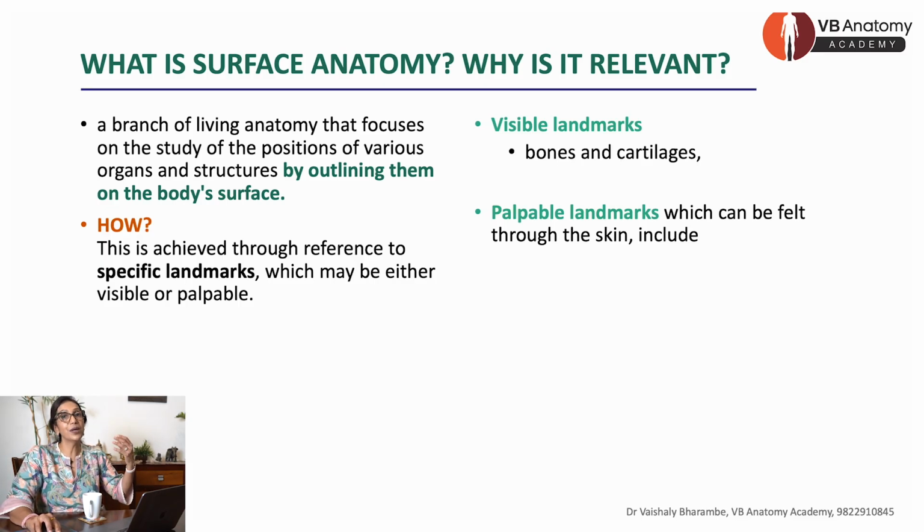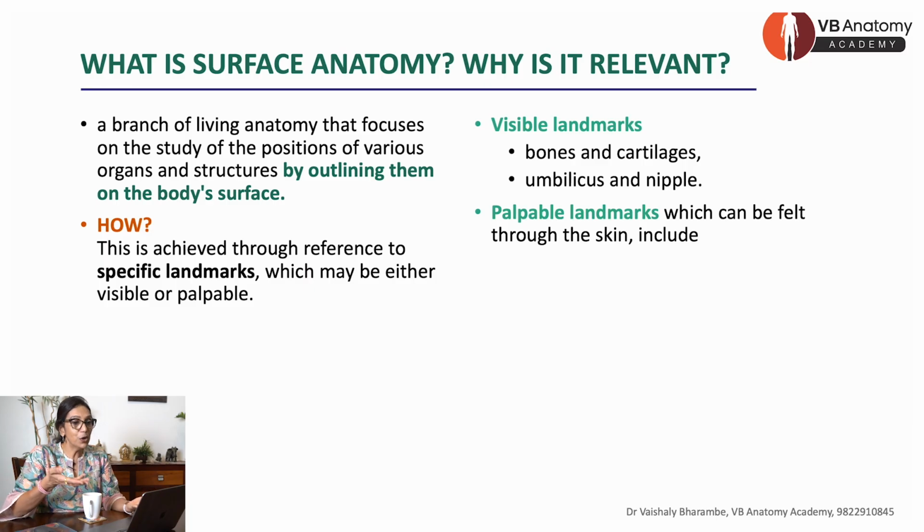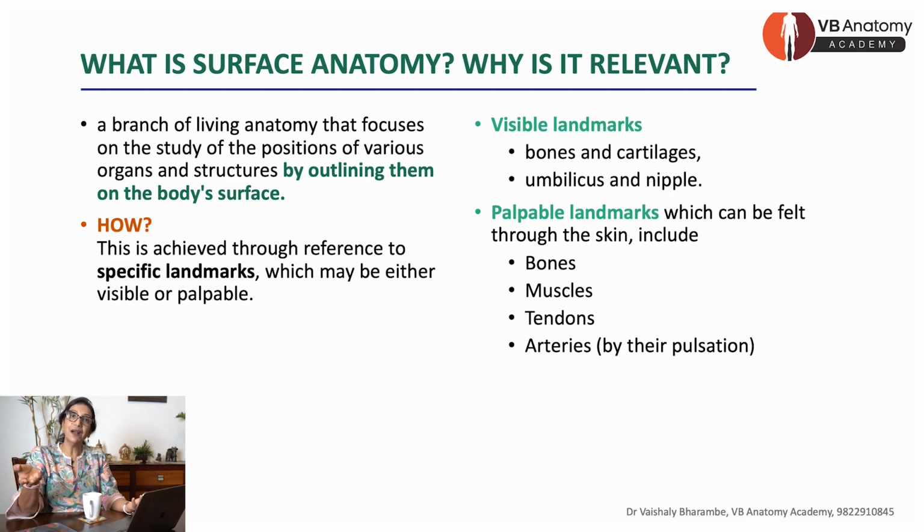In the abdomen, you can feel your costal margin, your anterior superior iliac spine. Sometimes, even the umbilicus and the nipple are all visible landmarks. What about palpable landmarks? You can feel cartilages, you can feel bones, muscles, tendons, even arteries for that matter. If you feel the pulsation, it becomes a landmark. Using all these landmarks, you're going to mark out the organ which is lying inside.